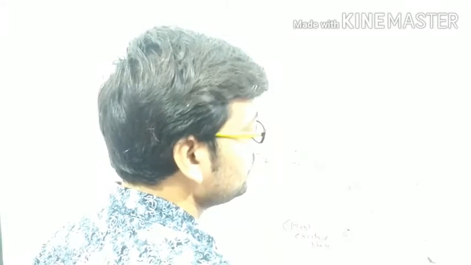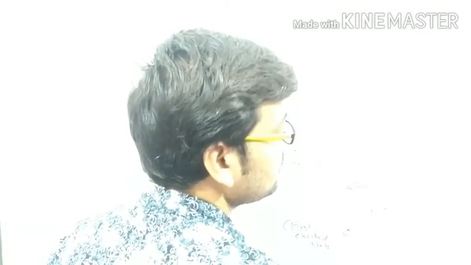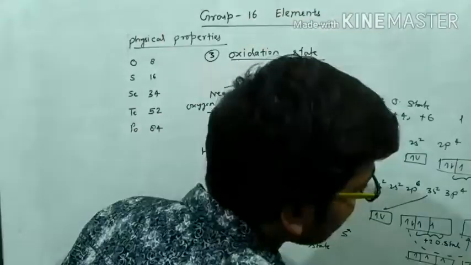But when it gets into the first excited state, then this electron goes into the vacant d orbital, and then this shows 1, 2, 3 and 4 unpaired electrons, that is +4 oxidation state.